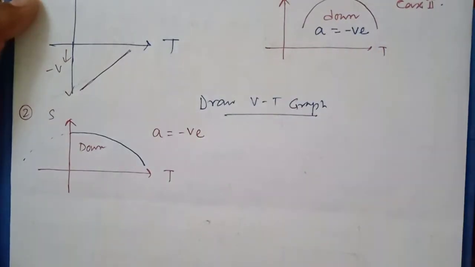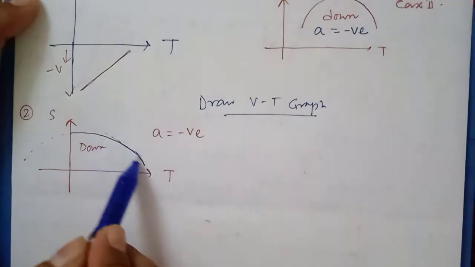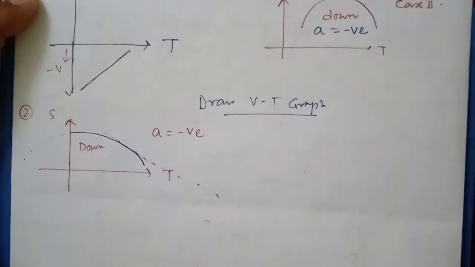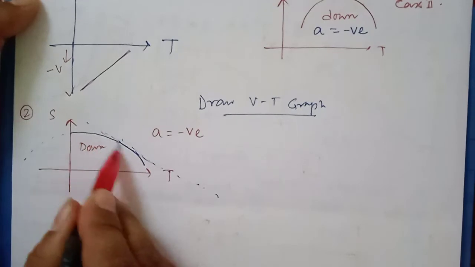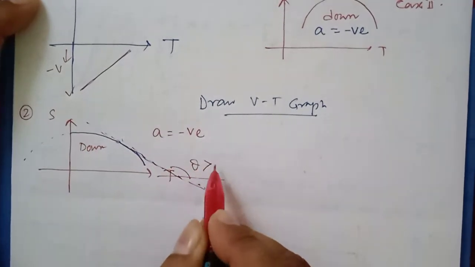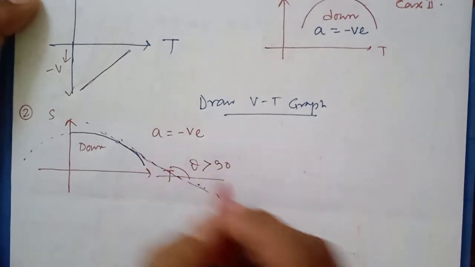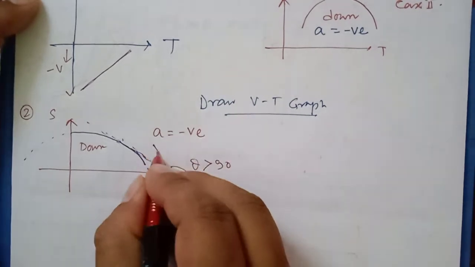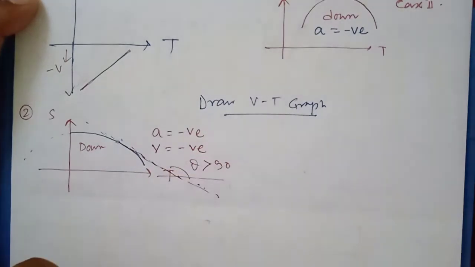Okay, now think about velocity. First of all, draw the slope tangent. The slope angle theta is greater than 90, which means the slope is negative, so velocity is also negative.